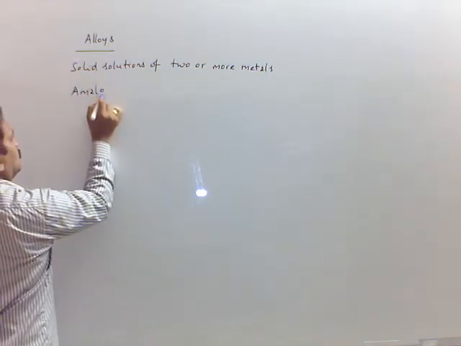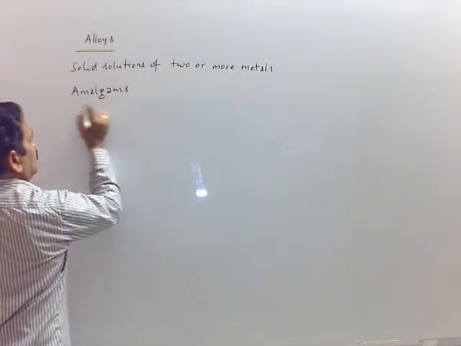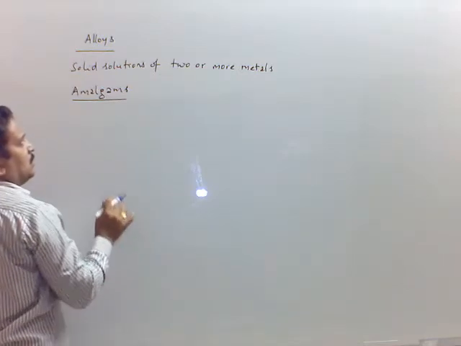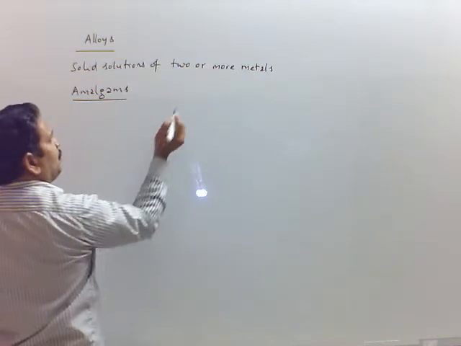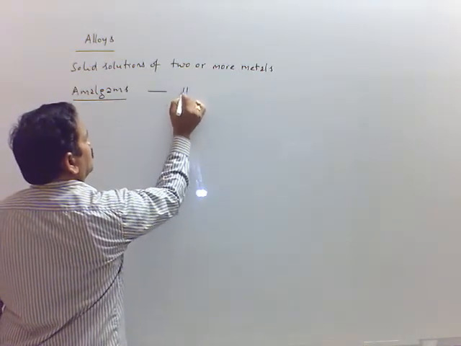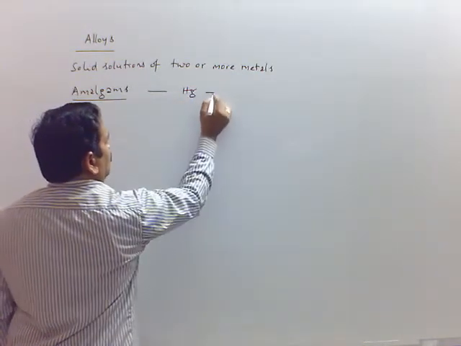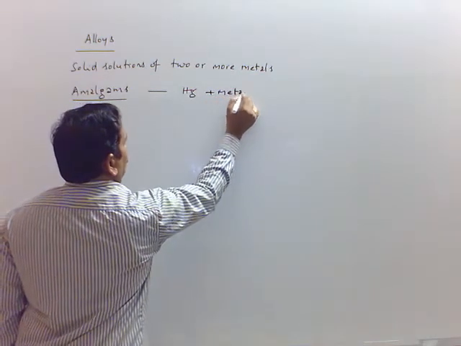Amalgams are solid solutions of metal with mercury. One component is mercury, the other is a metal.